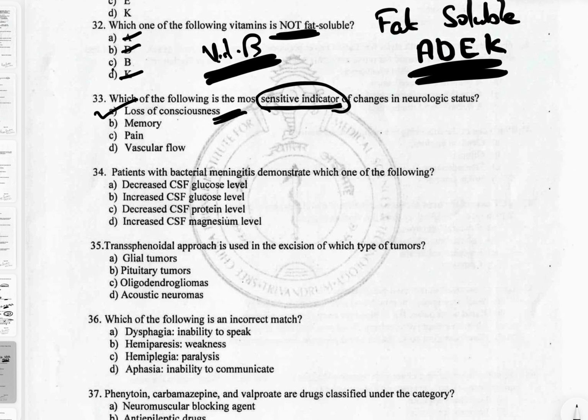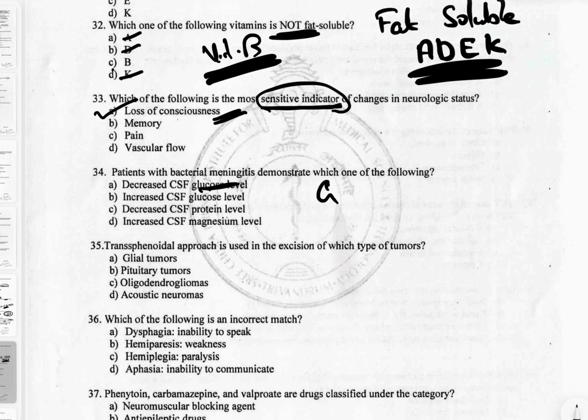And 34th question is, patient with bacterial meningitis demonstrate which one of the following? So the patient's meninges is inflamed with bacteria. Remember, if a patient has a bacterial meningitis, patient will always have decreased glucose level. Patient will have a decreased glucose level and increased protein level. So what will happen here?